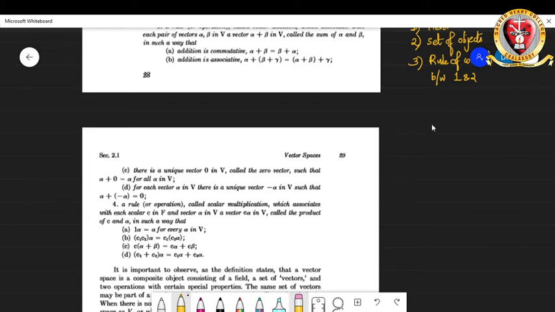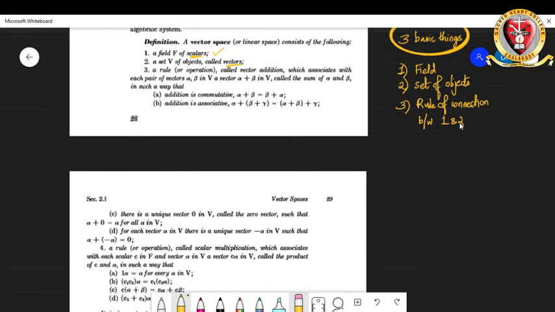So that is the rule of connection. The first rule, which connects all the vectors in between, is called addition. Now there is a second rule, which is the rule of scalar multiplication, and that happens between the scalars and the vectors.